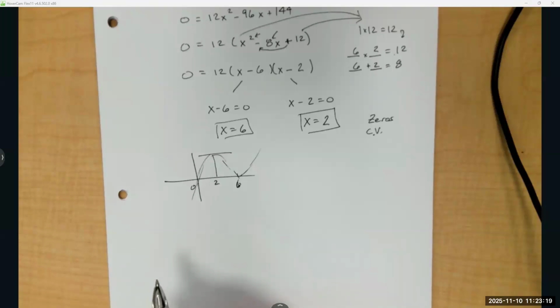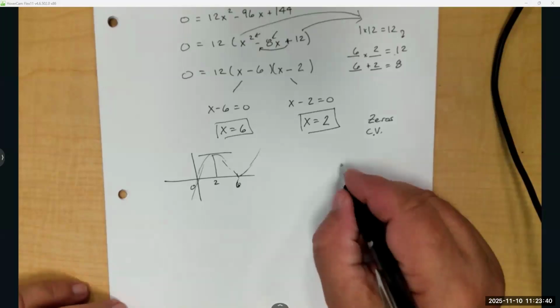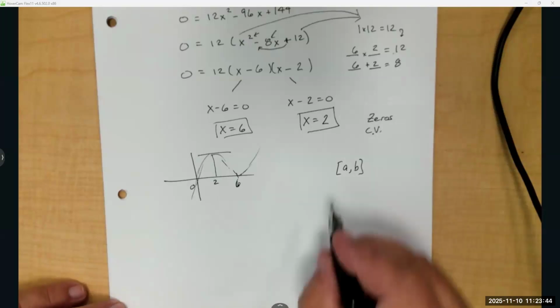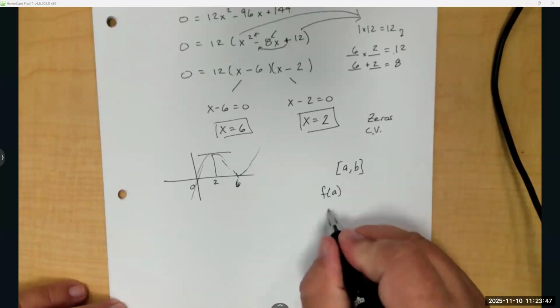And do what? So we plug in 2 for our x. But there's one thing we did earlier in the chapter, we talked about testing your maximum and minima. Whenever you test your maximum or minima, you always have to get at least 3 points. You have to test it at the endpoints.